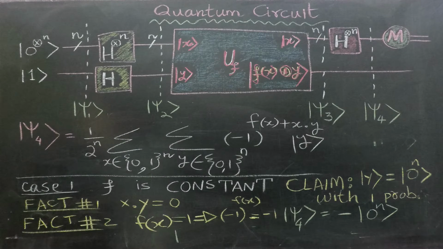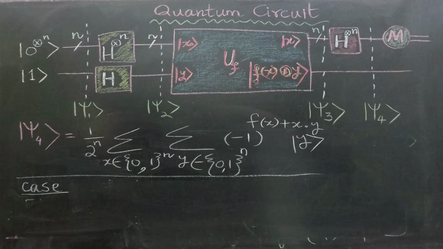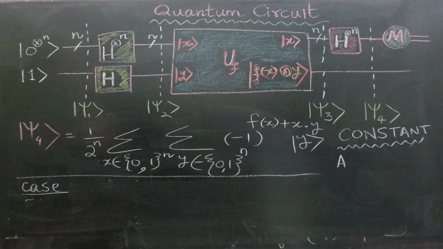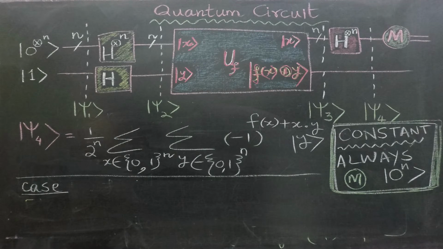Scaling this amplitude of minus 1 will once again give us 100% probability of measuring y equals ket 0. In conclusion, when the function is constant, for both f of x equals 0 and f of x equals 1, we will measure y equals ket 0 with 100% probability. So we have verified our claim.